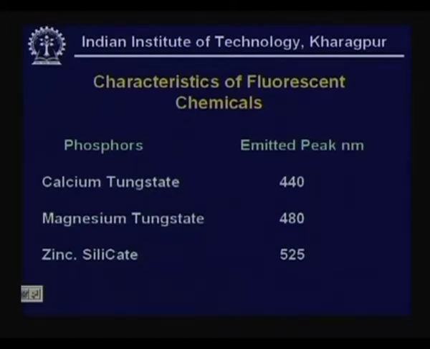Now, notwithstanding this, okay, it's got a range, but what is it that matters? It again matters that the radiation re-radiated after fluorescence, where does it have peak? How does it compare with the sensitivity of the eye? Where is our eye sensitivity maximum? It's around 550 nanometers.